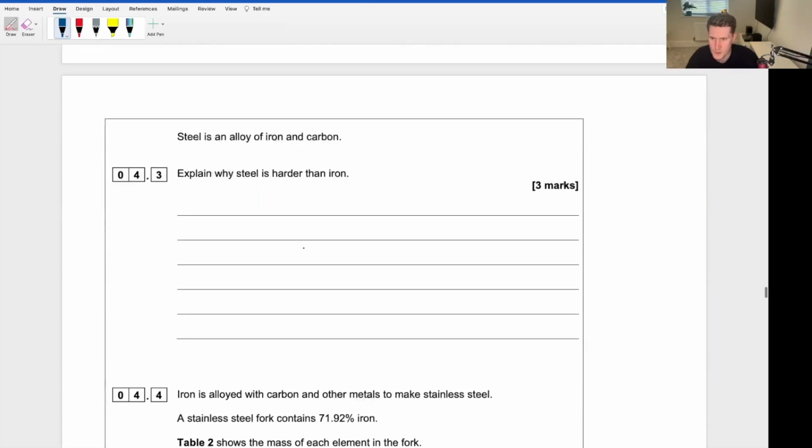Steel is an alloy of iron and carbon. Explain why steel is harder than iron. Well, alloys are harder than the metals because they have different sized atoms in them. So we have carbon here, which is a different size to iron, and when they're mixed together, it disrupts the rows, it disrupts the layers. Steel contains different sized atoms which disrupt the rows.